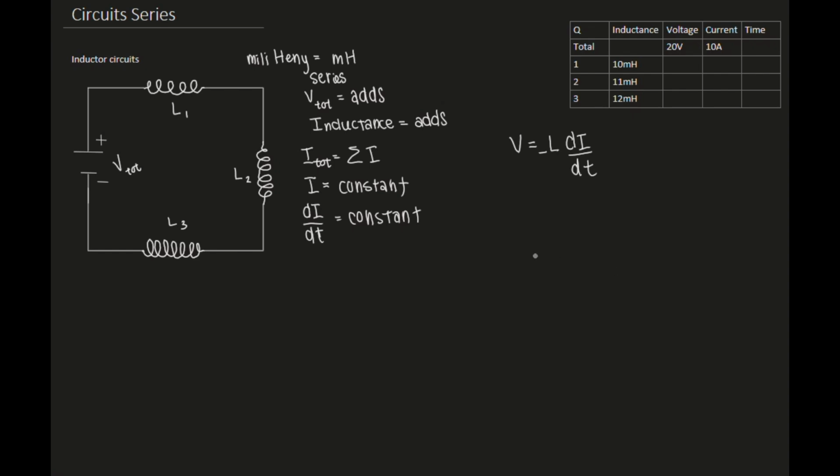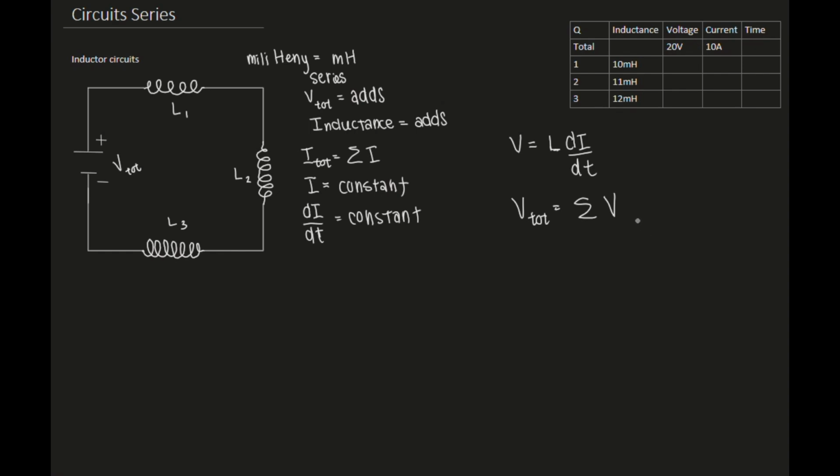The inductance resists the motion, which is why the negative sign is there. As we look across each individual inductor, we just need to remember that that is directional, so we don't have to write it for this case. We're also going to use that the total voltage, again, since it adds across the circuit, is equal to the sum of all the voltages across each one added up collectively.